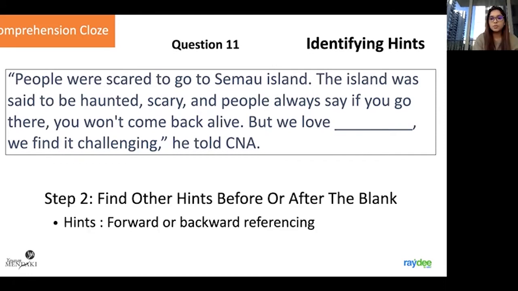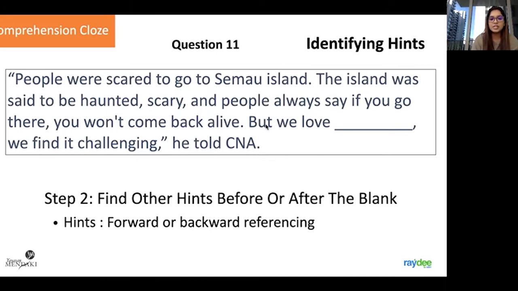But when the students come up with answers like difficult or scary and all that, now these are what we think is going to happen, right? But actually going to such a place that is infamous, okay, we are going to an island which is infamous, which doesn't have a good reputation.